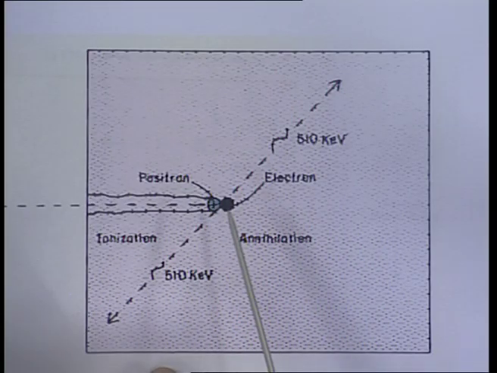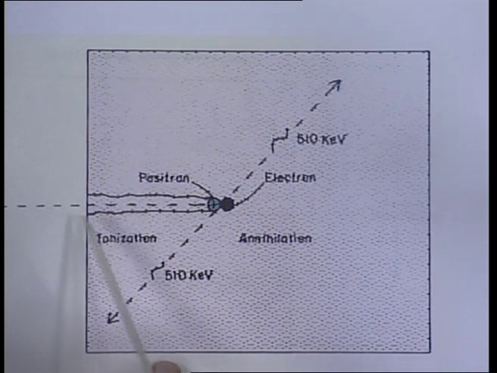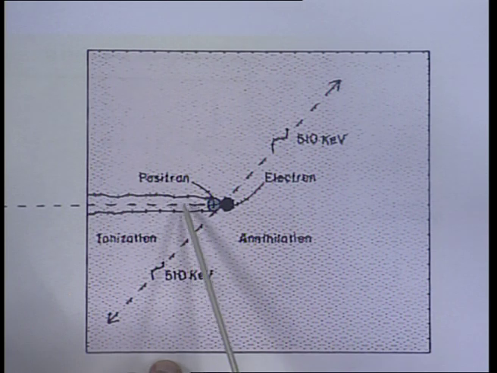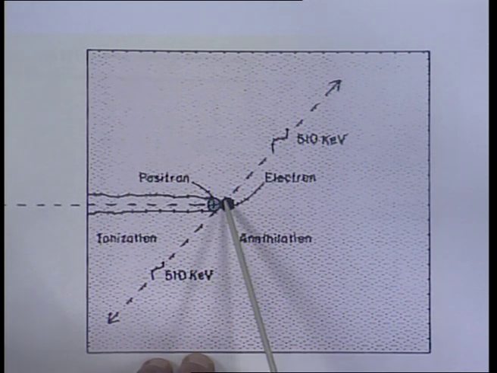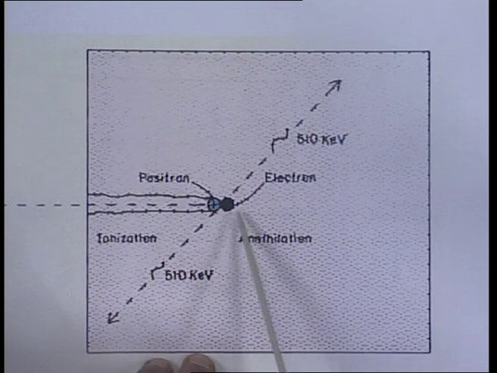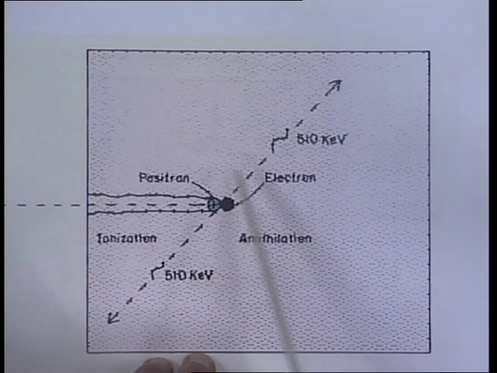Their interaction with matter will be like this. When a gamma ray enters matter, it ionizes and produces a pair of particles, positive called positron and negative called electron, and these two are created when they are brought nearer with a suitable amount of energy.